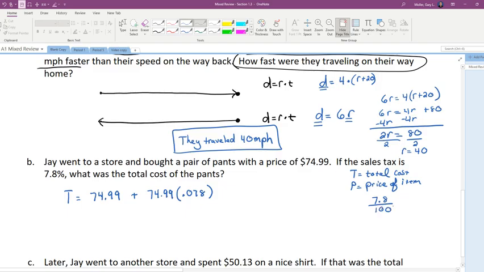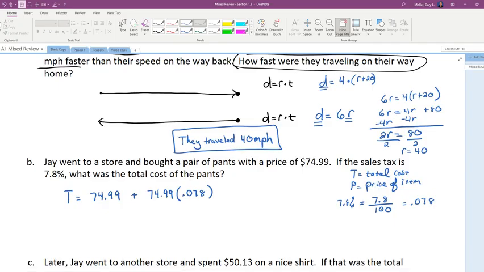And so that's 7.8 divided by 100. And when you divide by 100, that's going to move the decimal over 2 places, and you get 0.078. So 7.8% just means that.